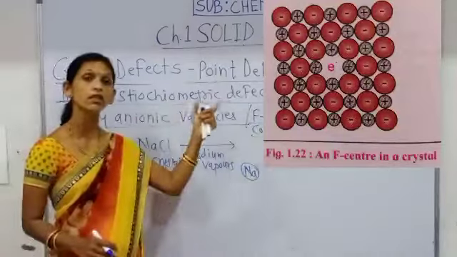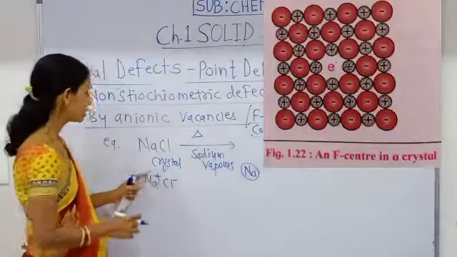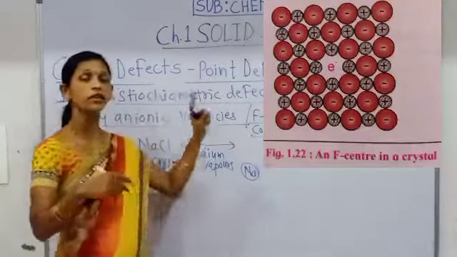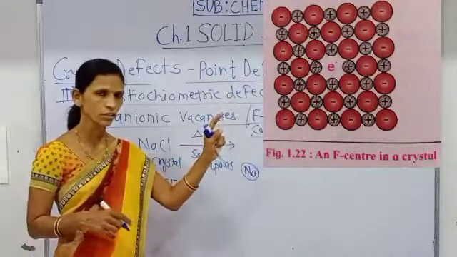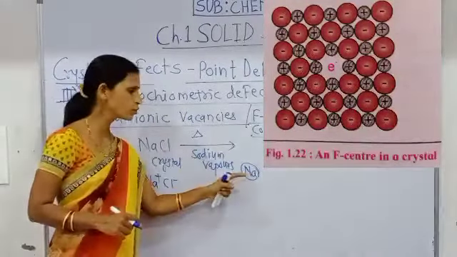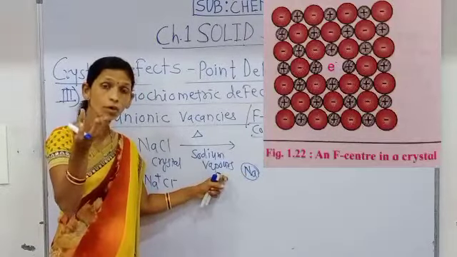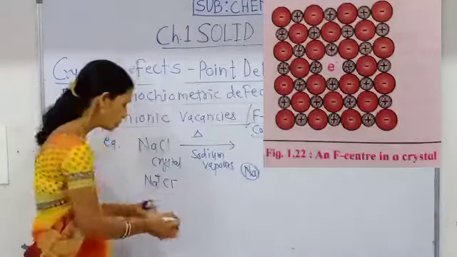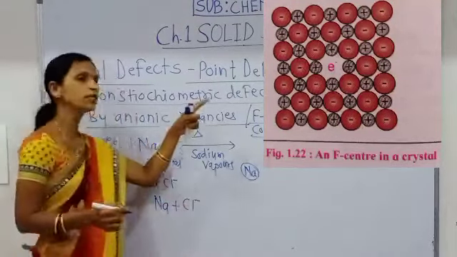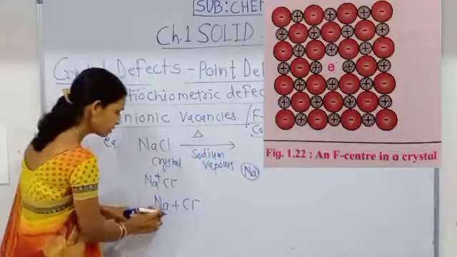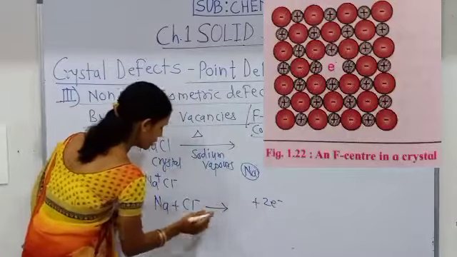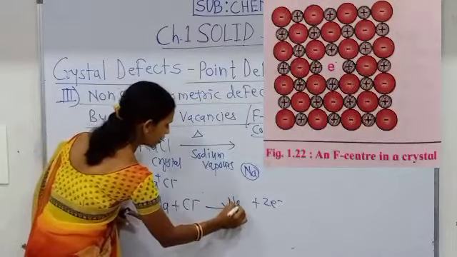See here in the figure, Na plus ions and Cl minus ions are arranged alternately. When the NaCl crystal is heated in the presence of sodium vapors, the sodium atom from the vapors combines with Cl minus ion present in the crystalline substance, loses an electron, becomes Na plus ion and forms NaCl crystal.